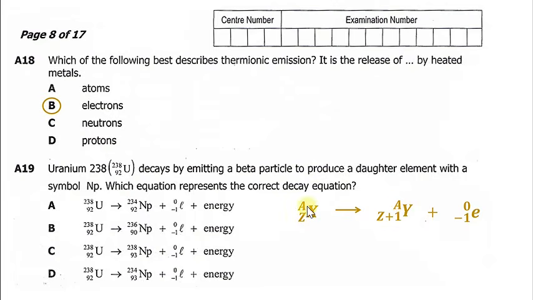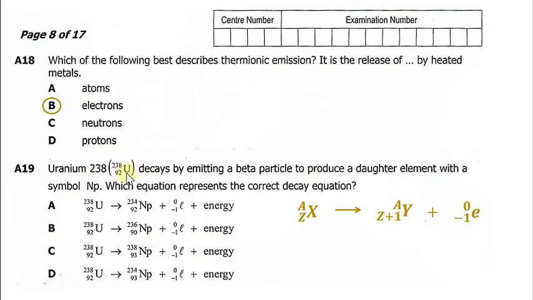If this is A, this is A. They must be the same. Then this is the atomic number of the parent element. This Z plus 1 is the atomic number of the daughter element. So meaning the difference between the parent element and the daughter element is that the atomic number of the daughter is increased by 1.